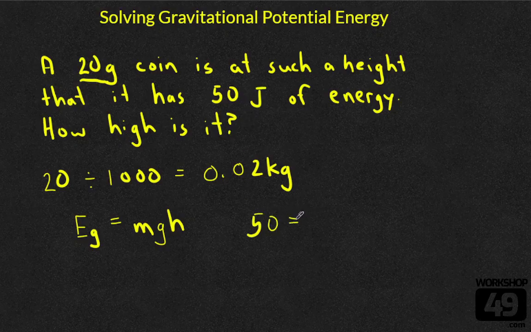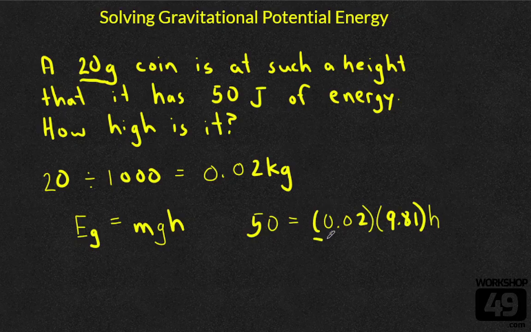50 is equal to the mass of our coin, 0.02. G, that's gravity. We still know that. Nothing has changed. And we're going to multiply that by the height. That's what we don't know.